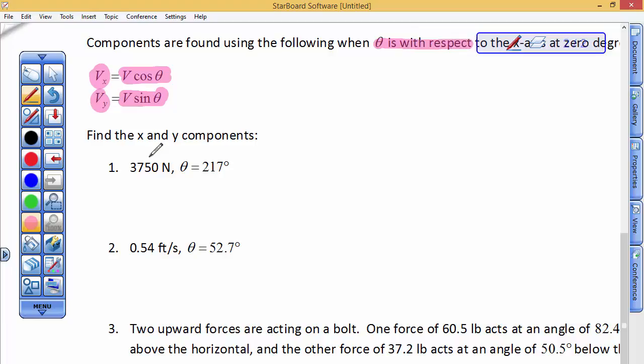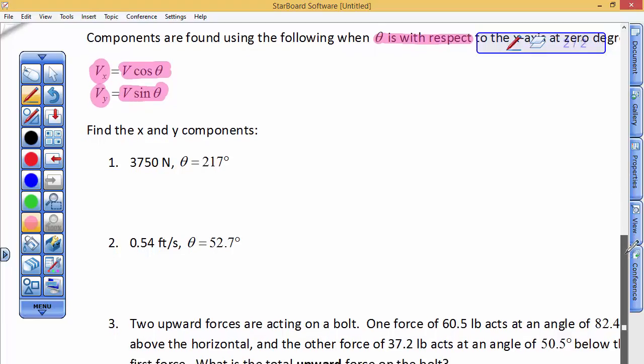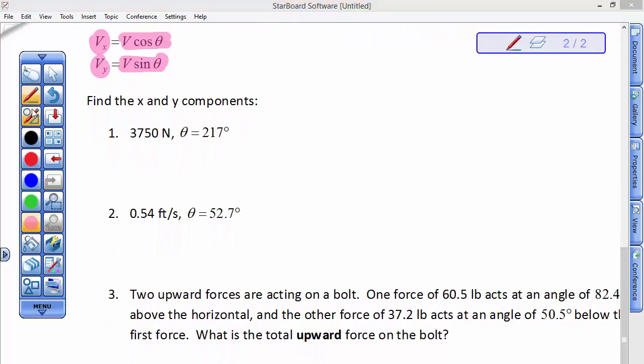So this vector, 3,750 newtons in length, I'm even going to draw real quickly where this is. So 217 degrees is in the third quadrant. Let's see, this is 180, 200, 217. This vector is about right here.